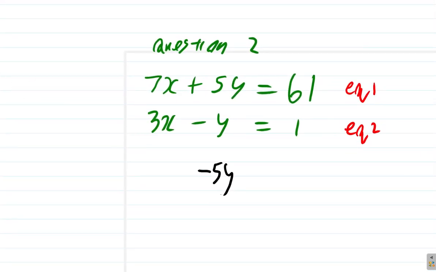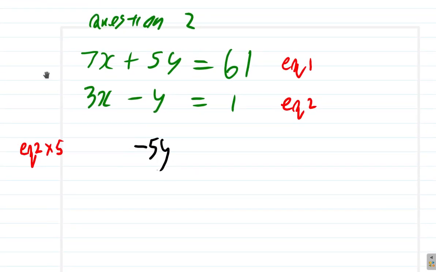So we say equation 2 times 5. What do we get when we do that? Let's see. We're going to have 5 times 3 here. 5 times 3 is 15.